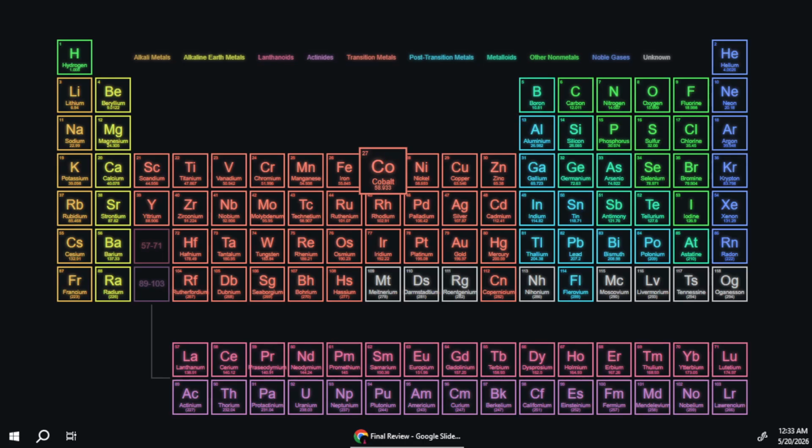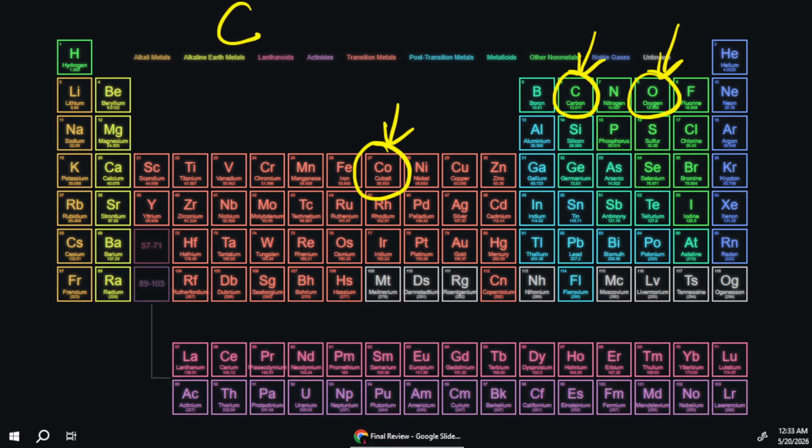So for example, let me circle these. So we have Co and C and O. This is carbon, this is oxygen, this is cobalt. Completely 3 different things, okay? So carbon, oxygen, cobalt.